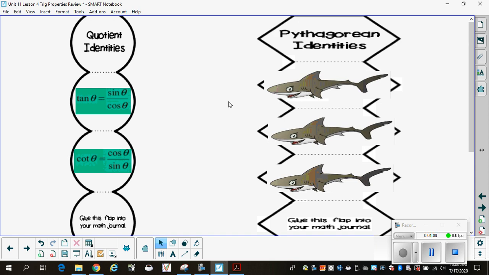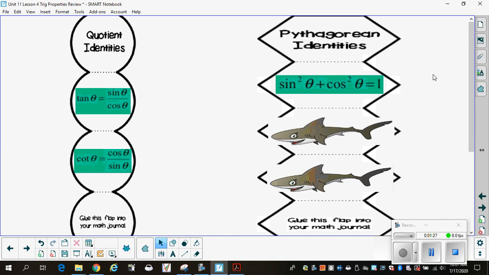The Pythagorean identities. Now these, there's 3 of them. And again, you can cut out this zigzaggy shape to put into your notebook. The first one is sine squared plus cosine squared is equal to 1. That's the one that you have to memorize.